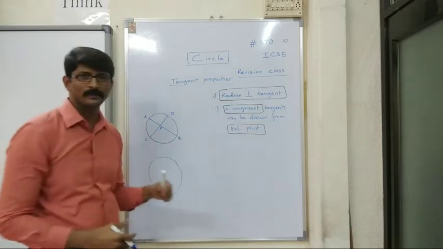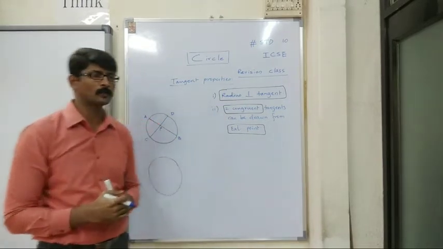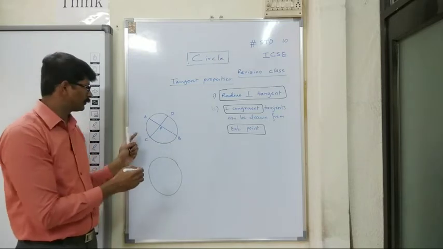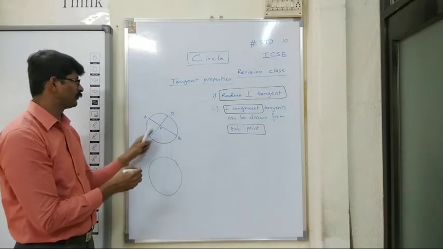So I am just explaining all the six properties related to these tangent properties. So these are basically called PA into PB is equal to PC into PD.